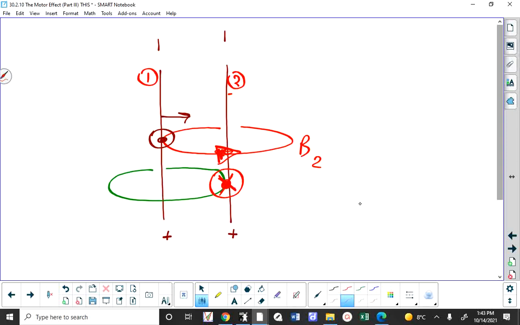So as far as wire 2 is concerned, wire 2 is in a magnetic field that's in. Wire 2's electron flow is down, so conventional current is up. The right-hand rule predicts that wire 2 experiences a magnetic force to the left.